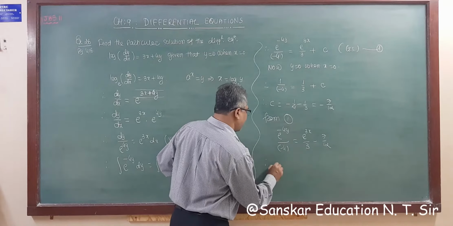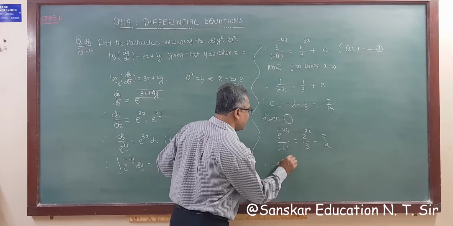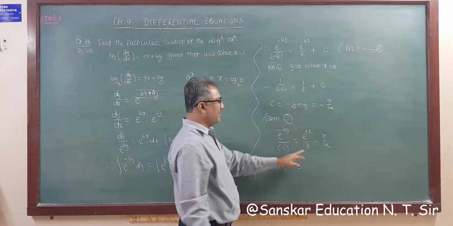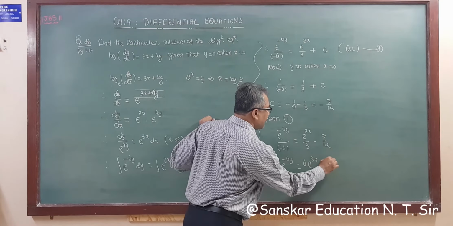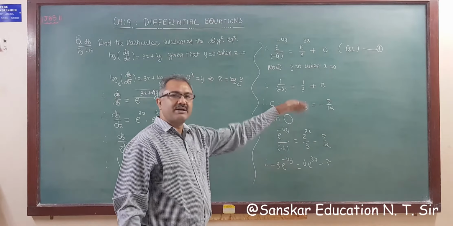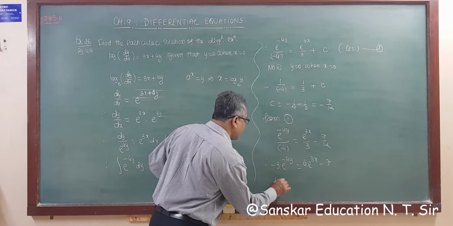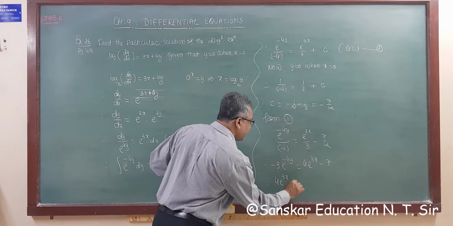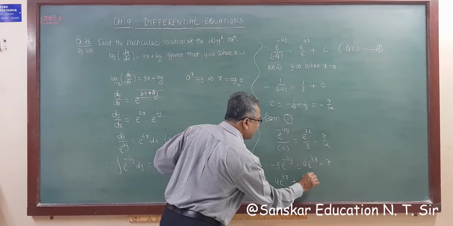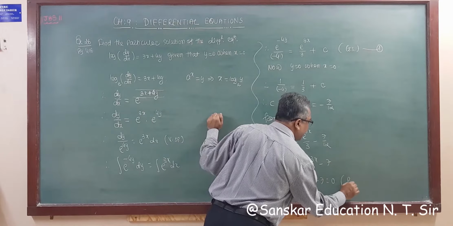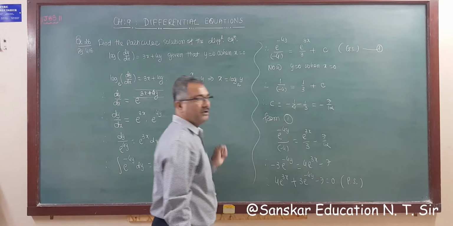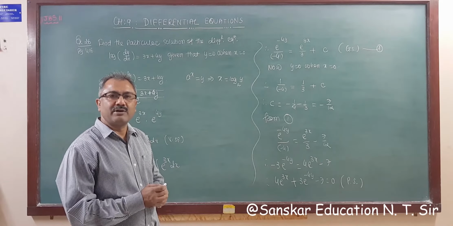We get minus 3 times e raised to minus 4y is equal to, multiply here by 4, 4 times e raised to 3x minus 7. Taking this term to the right hand side, we get 4 times e raised to 3x plus 3 times e raised to minus 4y minus 7 is equal to 0, which is the required particular solution.